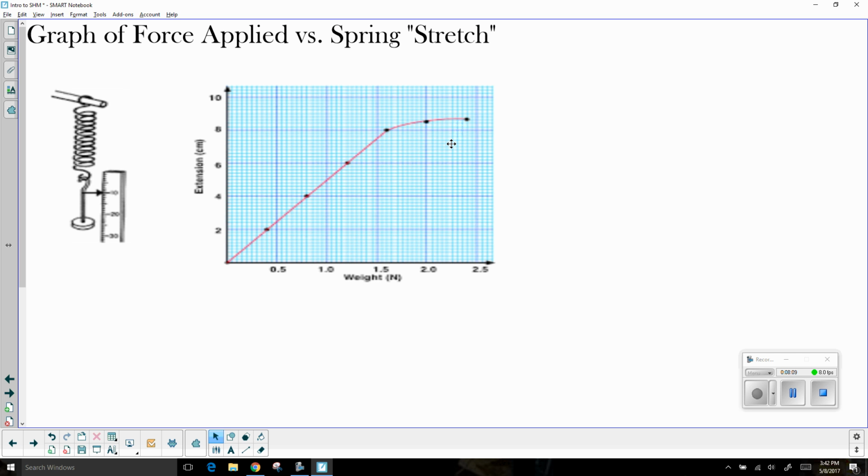So, moral of the story with Hooke's law, it's a linear relationship between the stretch of the spring versus the mass hanging at the bottom of the spring. Let's do an example problem that deals with Hooke's law.